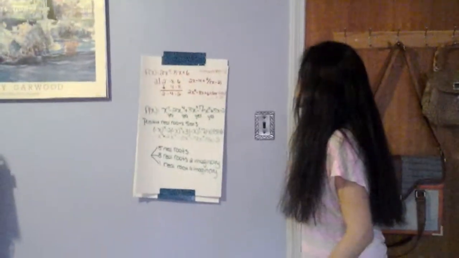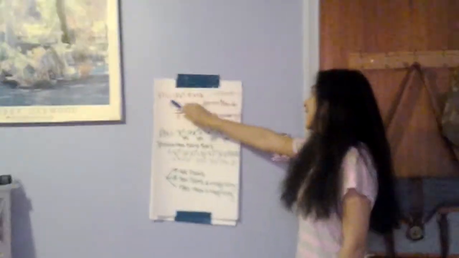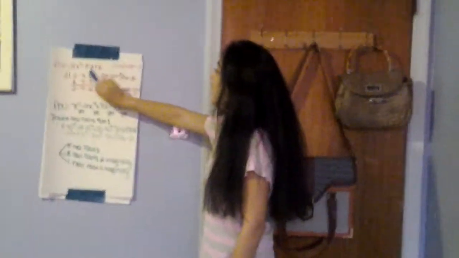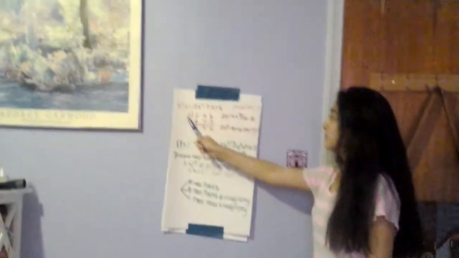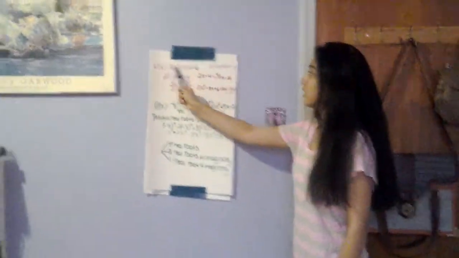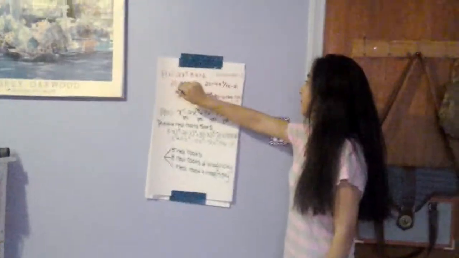Next example. This is the synthetic division and Descartes' rule of signs. The first one is the synthetic, and it's f parentheses x equals 2x to the second power minus 8x plus 6. The remainder is 2. And how I got that is, you put the 2 here because it's the first one in front of the x, and then you line them up, and it's 2, negative 8, 6.